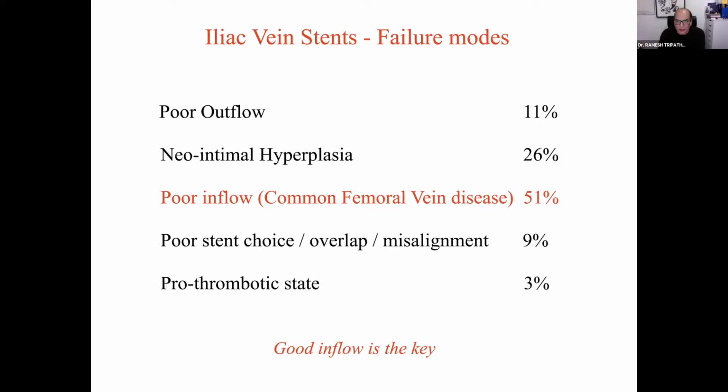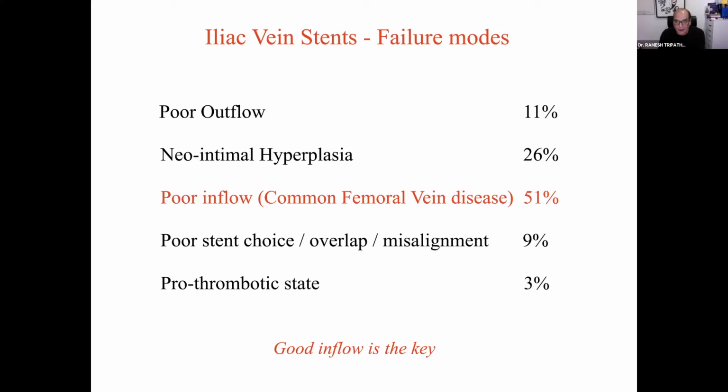About 26% of patients would have neointimal hyperplasia, 11% due to poor outflow, where the stent has kinked or there has been a slippage of the stent where an obstruction at the outflow area has been missed.